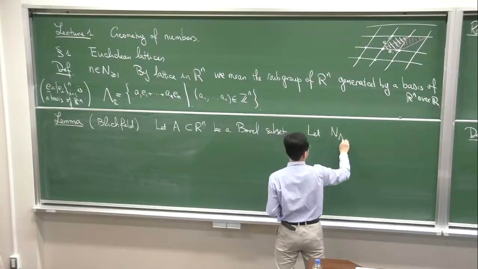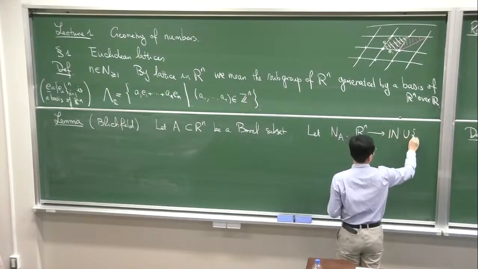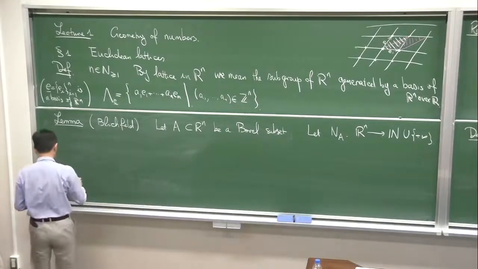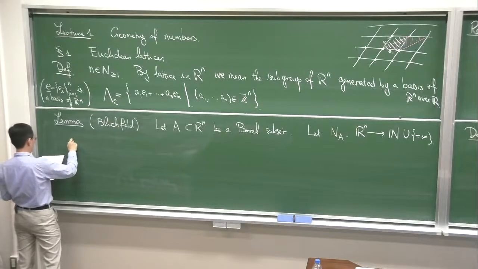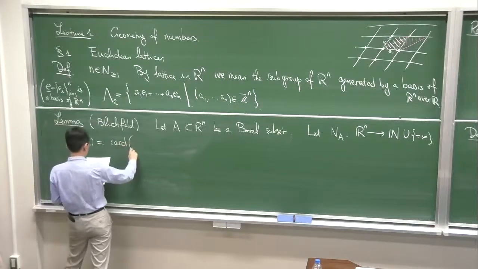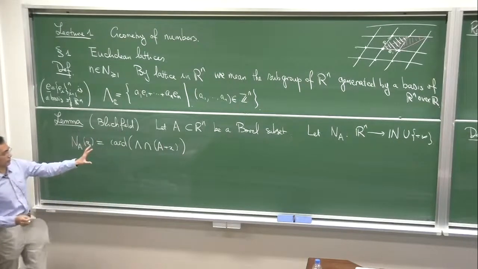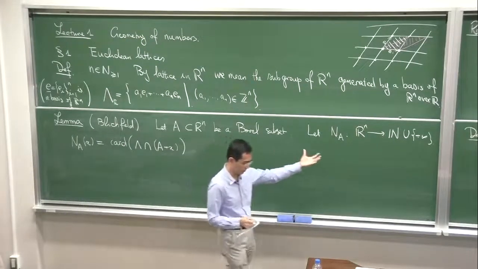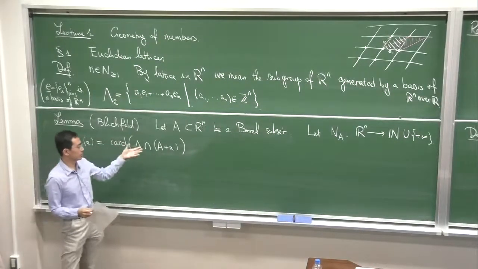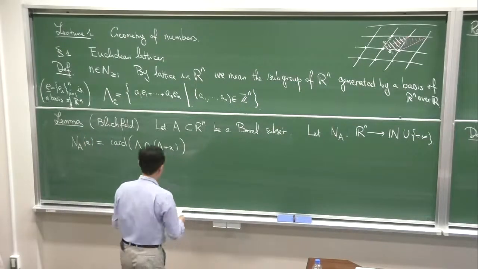Let N_A be a map from R^n to the set of positive integers plus infinity, defined as N_A(x) = cardinal of Lambda intersection with (A + x). You just translate the Borel set by the point x, and then you count the number of lattice points in this translated set.